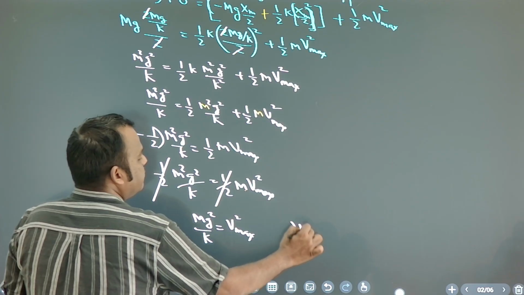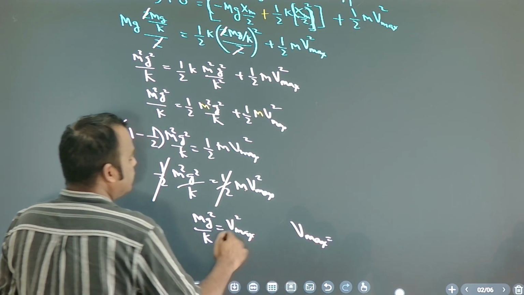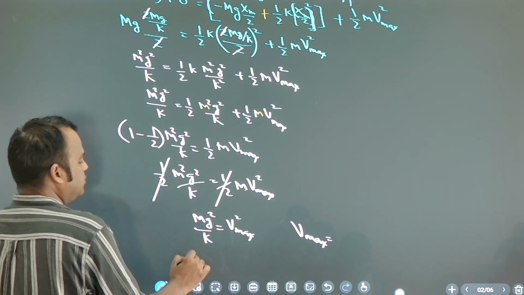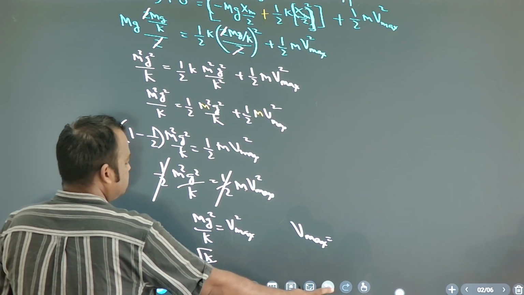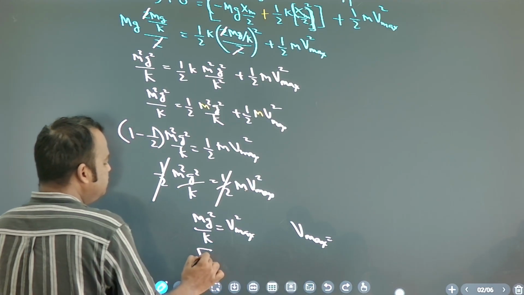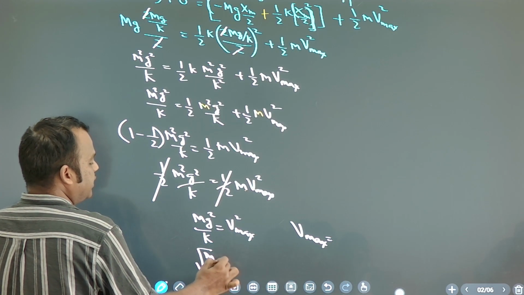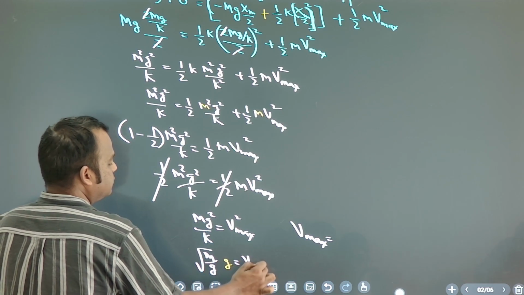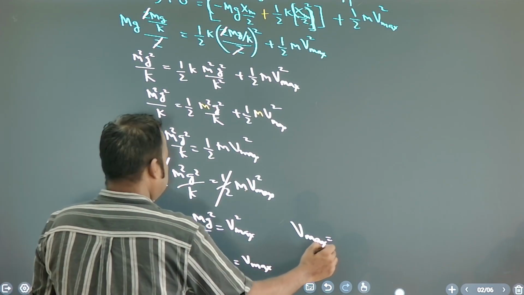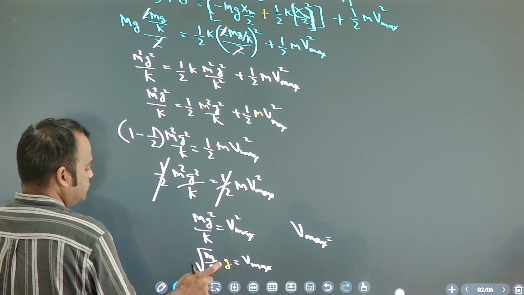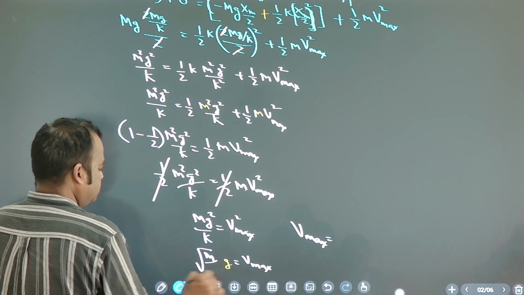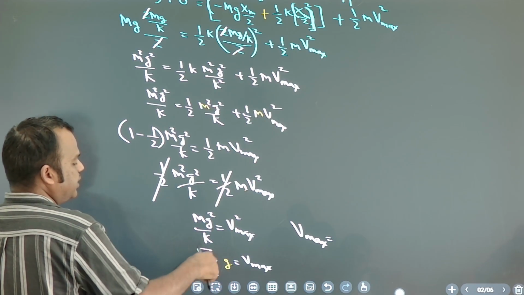So what is v max? Take a square root. So root m by k into g is equal to v max.